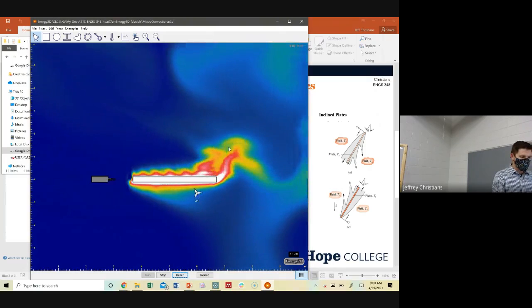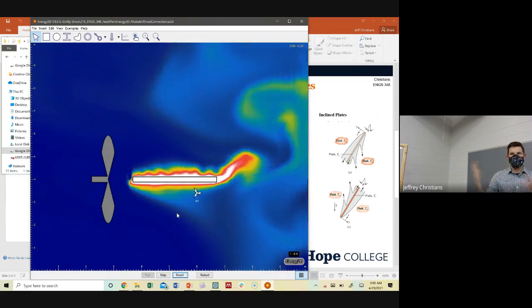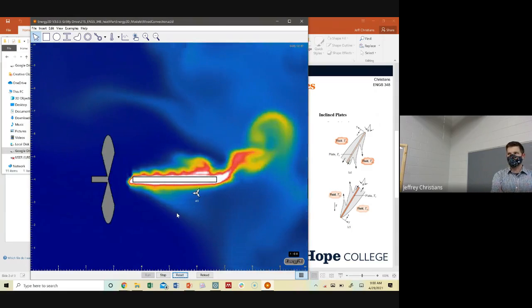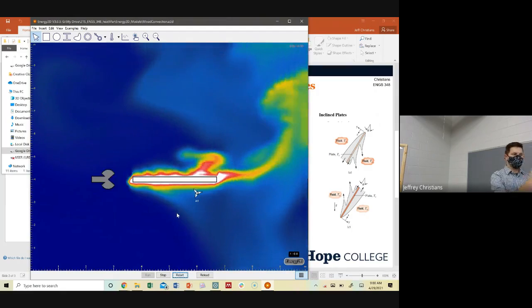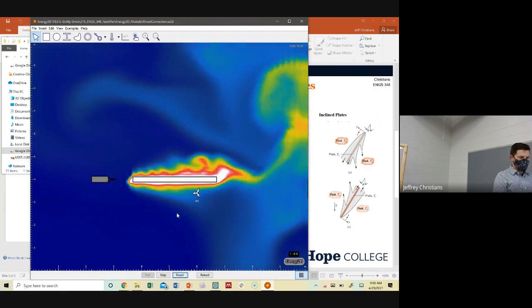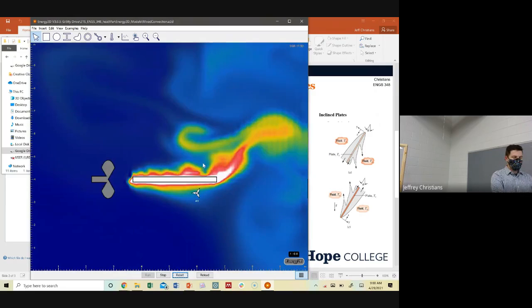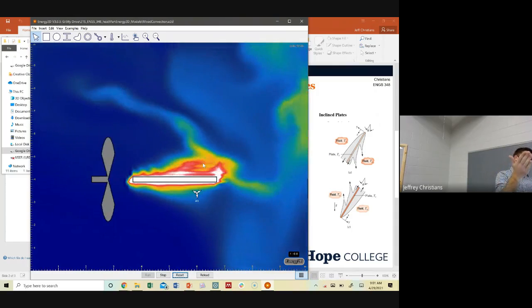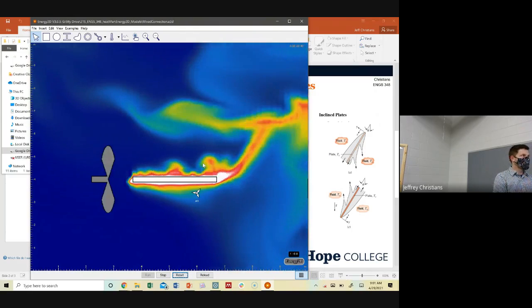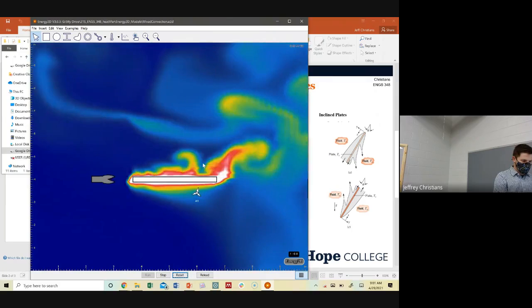So visually you can see that it's operating in some kind of mixed regime, not purely one or the other. This would be a system where our Grashof number and Reynolds number are similar in size.